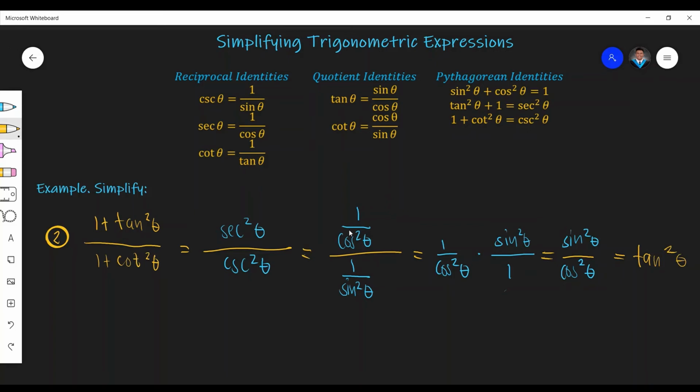Again, itong si tangent square theta, yun yung equivalent identity ni sine square theta over cosine square theta. So that means, ang simplified form ni 1 plus tangent square theta over 1 plus cotangent square theta is just equivalent to tangent square theta.